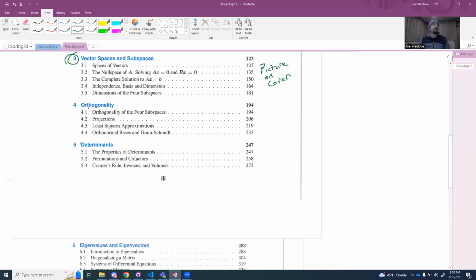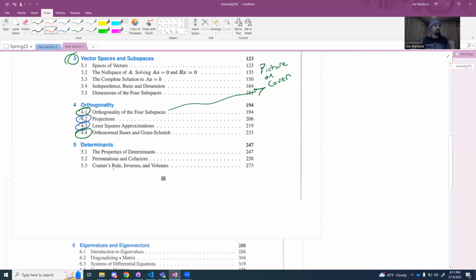Let's see, I definitely need orthogonality. That actually goes to the picture on the cover. Projections are nice, but not super needed. I definitely need orthonormal bases. These two I'm gonna go with, I would really like to have them. Determinants, I teach Cramer's rule and inverses and volumes.